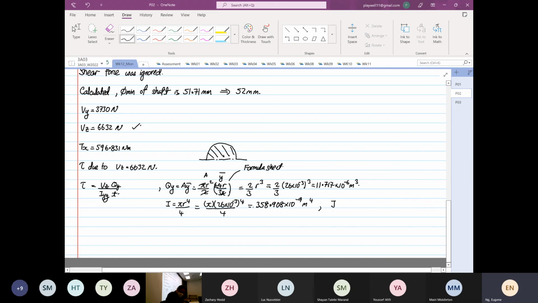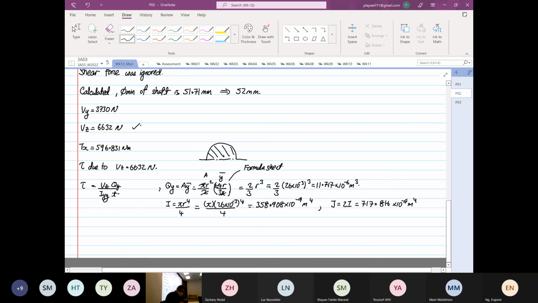And we know that J is equal to twice I, so times 2 is equal to 717.816 times 10 to the power minus 9 meter to the power 4.